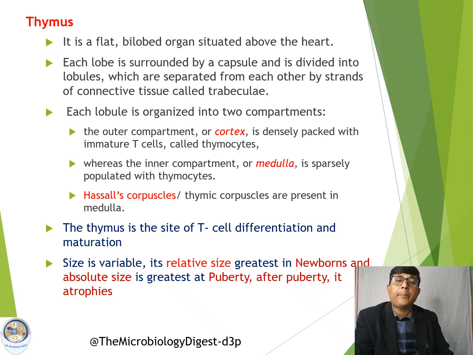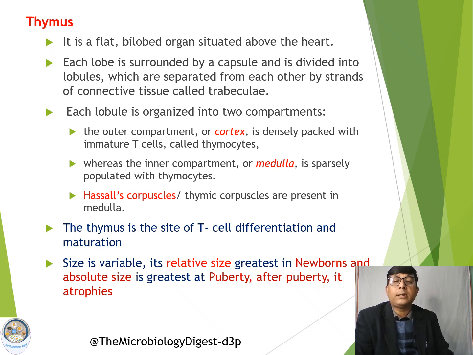The cortex is densely packed with immature T cells, which are also called thymocytes. Whereas the medulla is less populated by thymocytes, and some special cells are present which are called Hassall's corpuscles. These have some important function in the immune response, and are present in the medulla of the thymus.